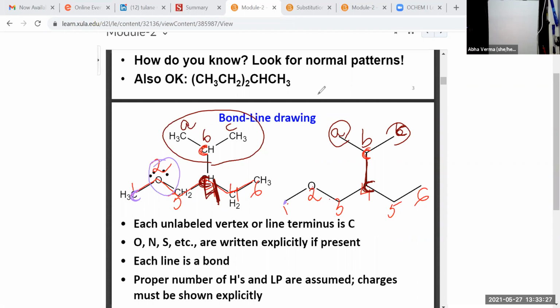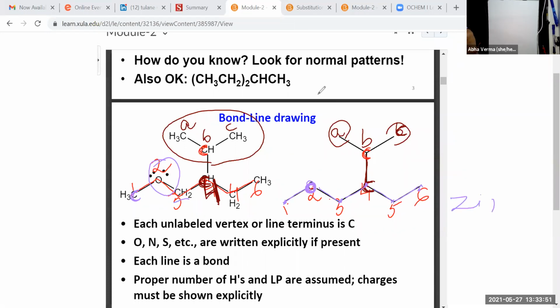On the second, I have my oxygen, so I'm going to place my oxygen here. On the third, I have just a CH2, so I can place my dot. On the fourth, again, I have a dot. Then I will connect these bonds.